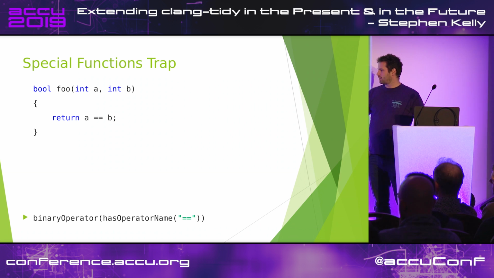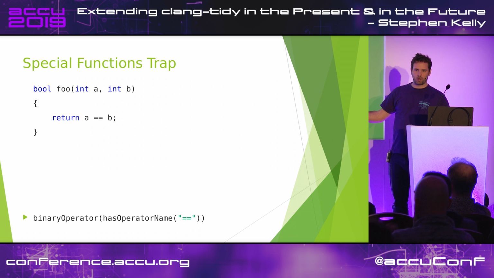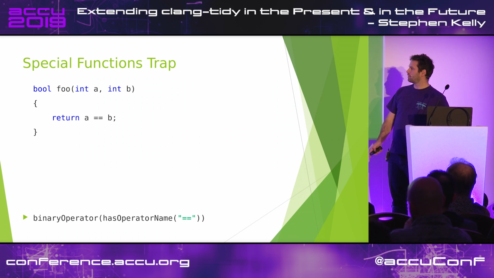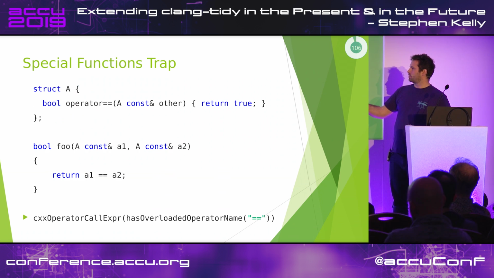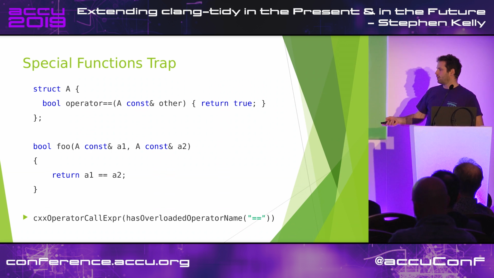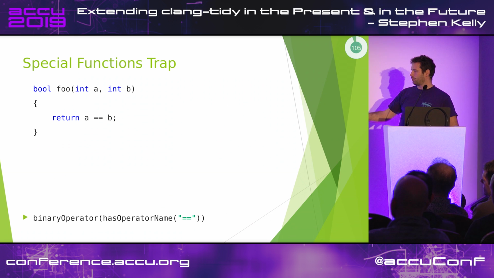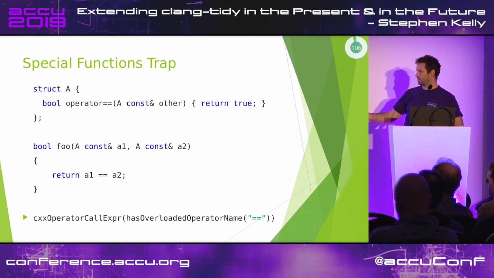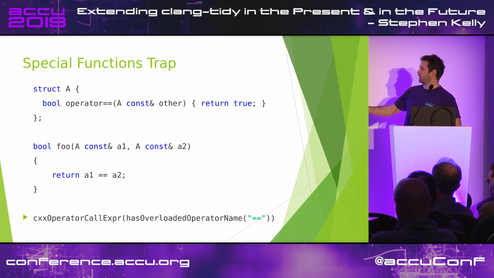So if it's ints, then those two are related with a binary operator. You can discover that. But if it's those structs and the member operator, we can't use binary operator anymore. Instead, it's CXX operator call expr, has overloaded operator name.